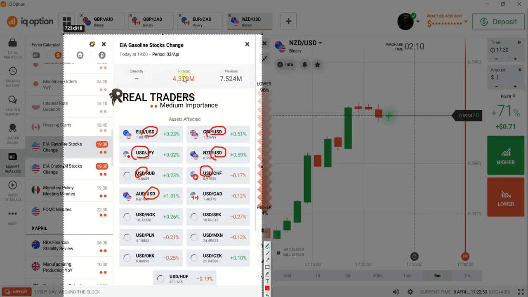I always recommend you to trade on the news where the forecast and previous are visible for you. Sometimes these are equal, so it's not good.